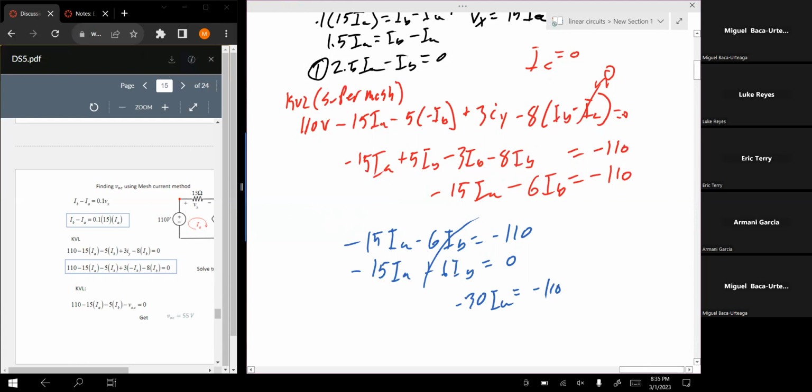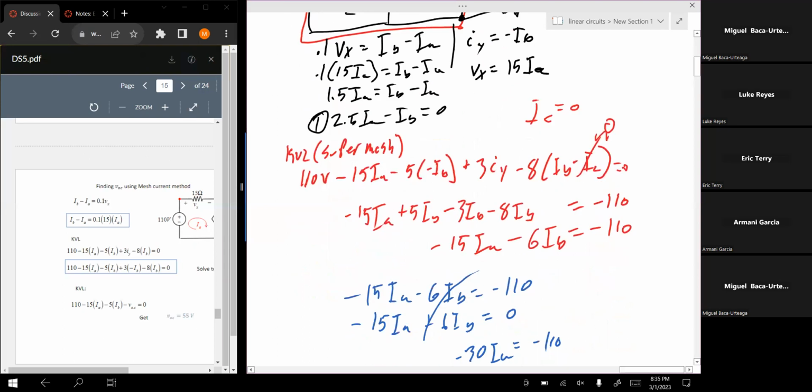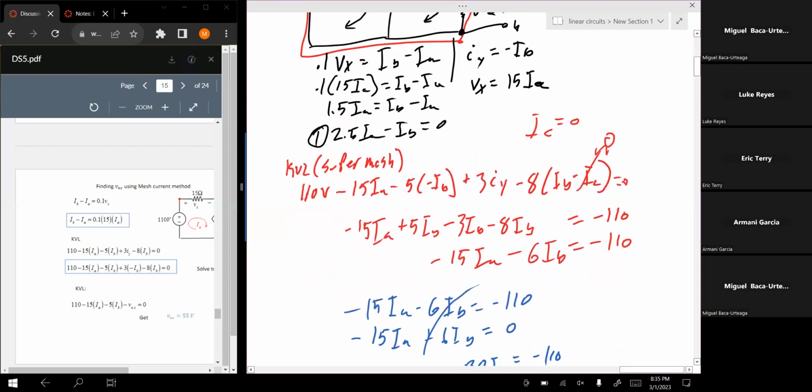I must have gone wrong somewhere in my math. Hold on, 110 minus 15 minus 5. Oh, that IB is positive. Why is that IB positive? Oh, yeah, that was my bad. That doesn't hold any bearing yet. Minus 8 IB.